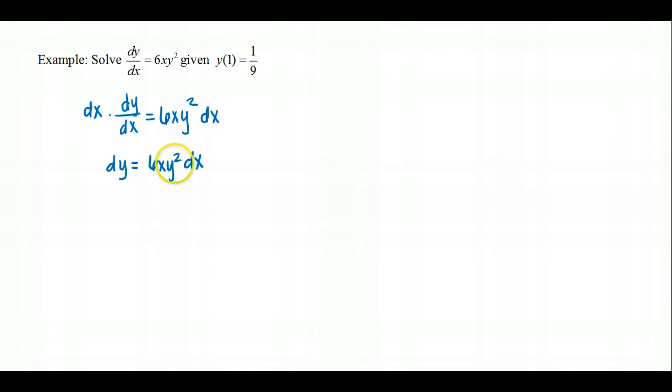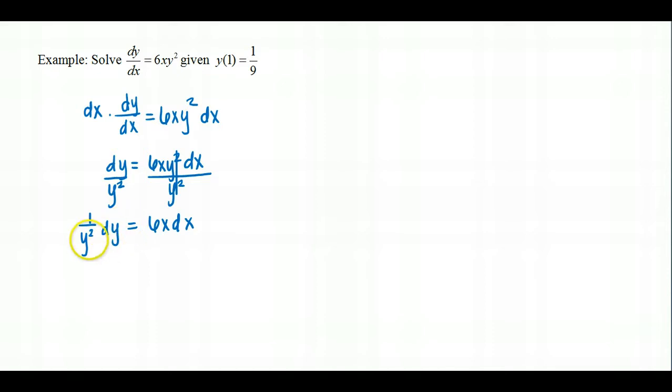Since everything here is being multiplied, I can divide by y squared on both sides to get rid of the y squared. The y squareds will cancel. On the left, I'm going to rewrite this as 1 over y squared dy. And on the right, I have 6x dx.